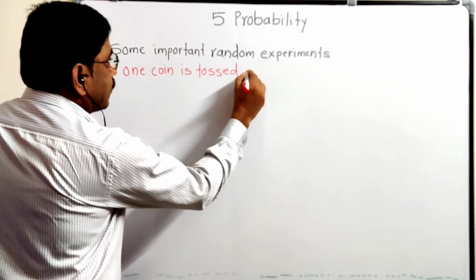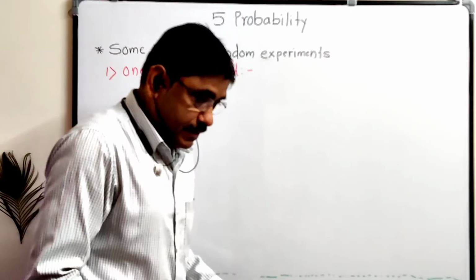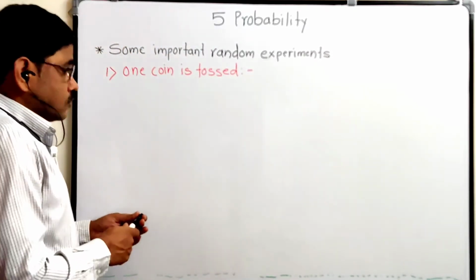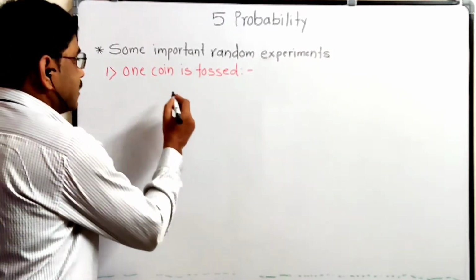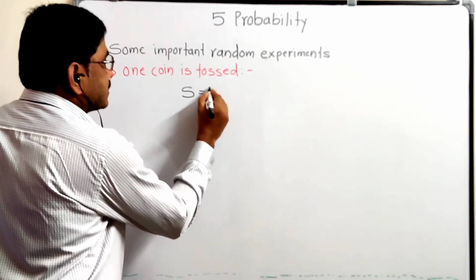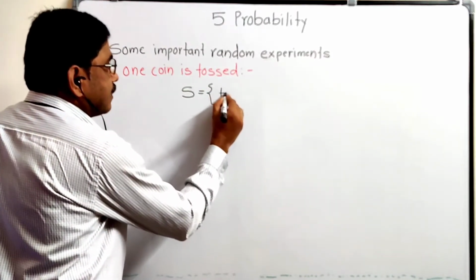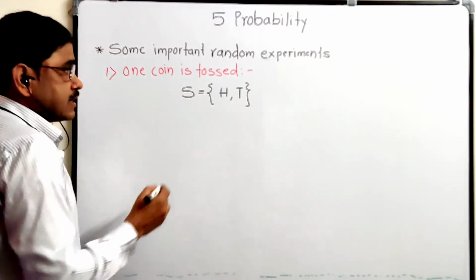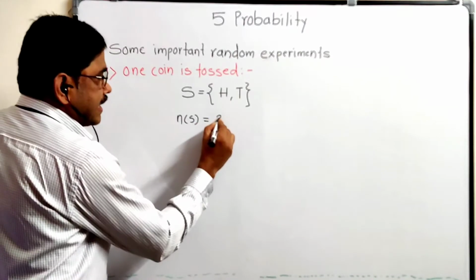When one coin is tossed, as I showed with the coin in the previous lecture, only 2 possibilities are there, head and tail. S means sample space, and S is always written in curly brackets. S is head or tail, so NS is 2.